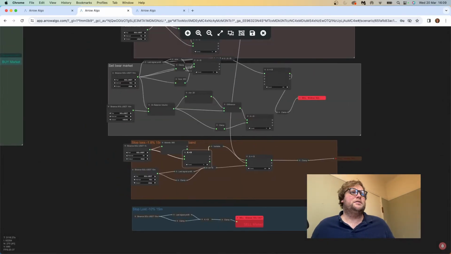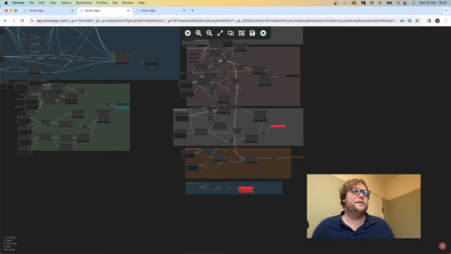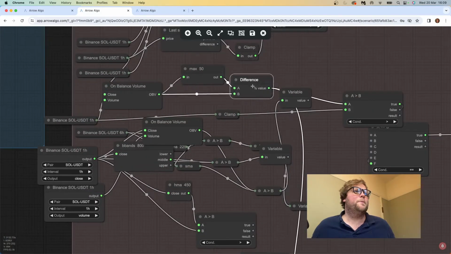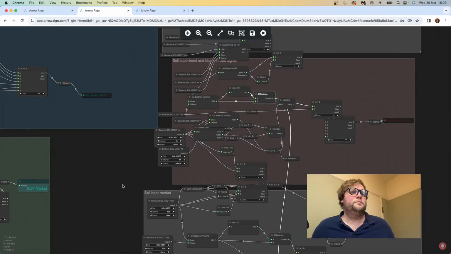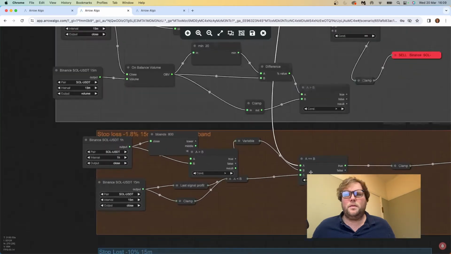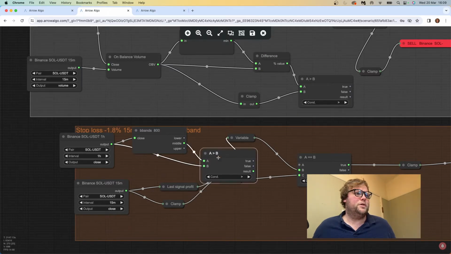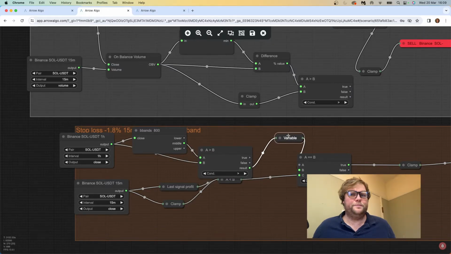The first one is the rule above that we looked at around hourly price being less than the middle Bollinger Band. I've moved that one up there, but you can see hourly price less than the middle Bollinger Band, and we've got hourly price here being more than the middle.